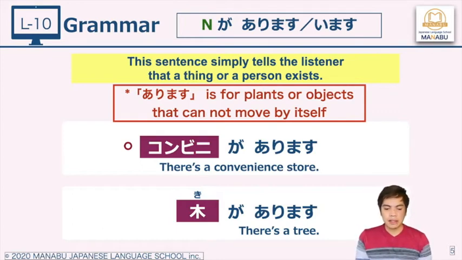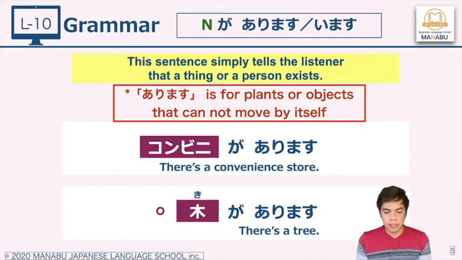So our noun is konbini or convenience store. It is a non-living thing or an inanimate object. So we will use arimasu. Arimasu means to exist. So we will translate konbini ga arimasu: there is a convenience store. So we will attach the particle ga to konbini, then the verb arimasu.